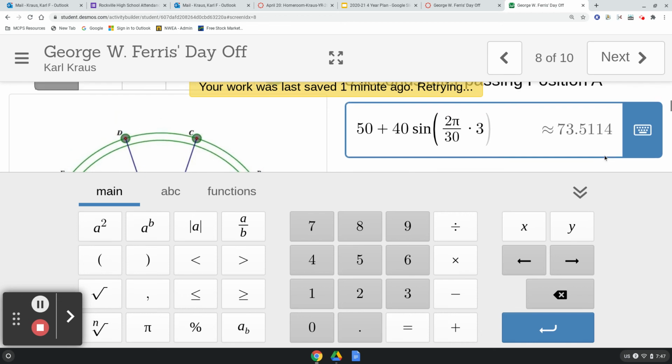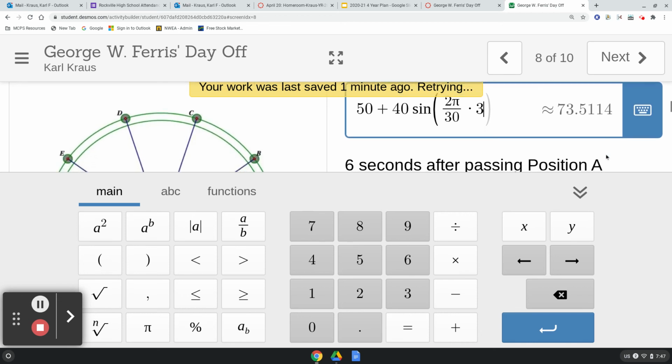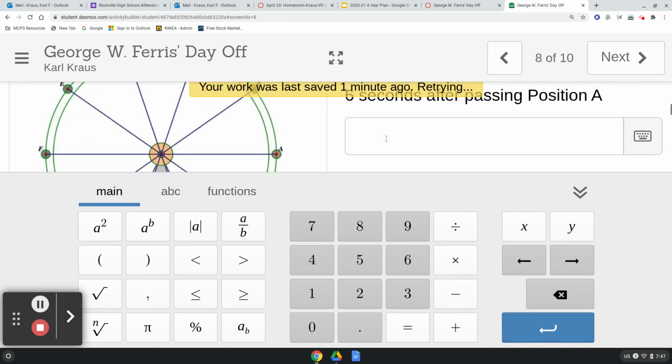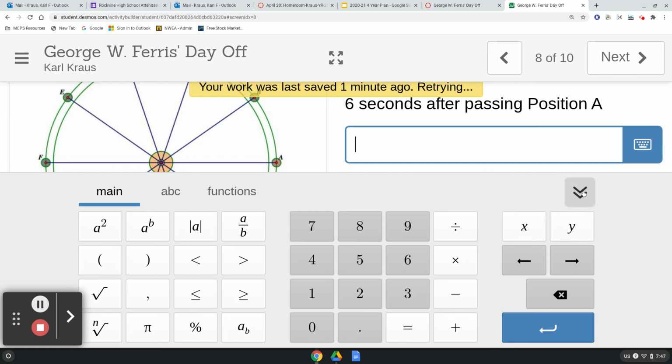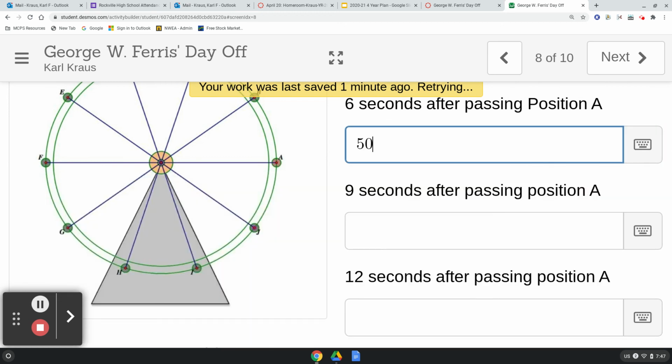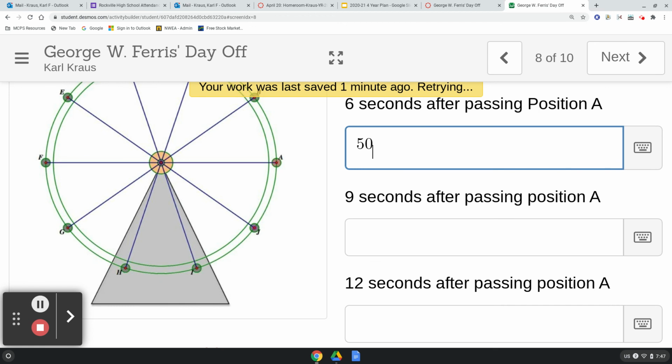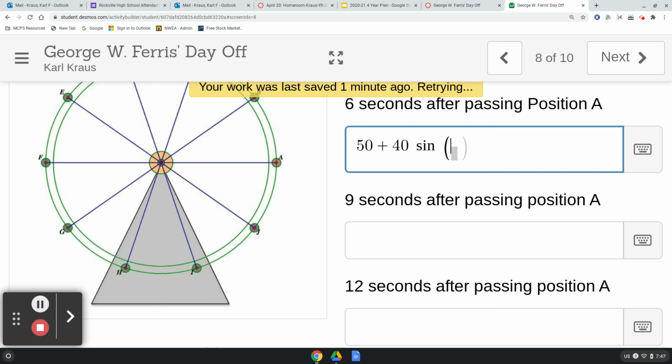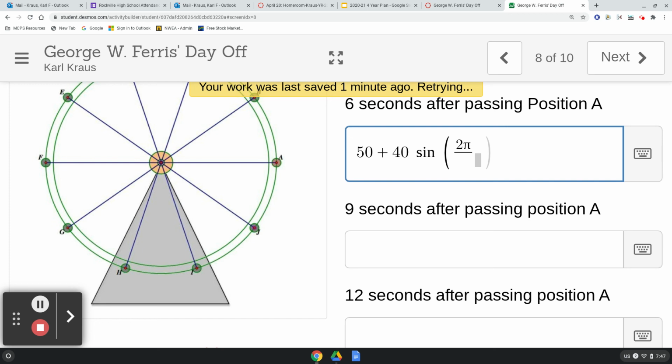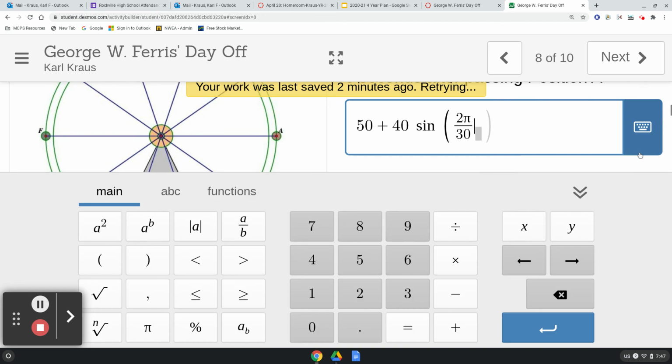So 73.5114 feet. 6 seconds: I'm going to do the same idea, 50 plus 40 sine 2 pi over 30 times 6.